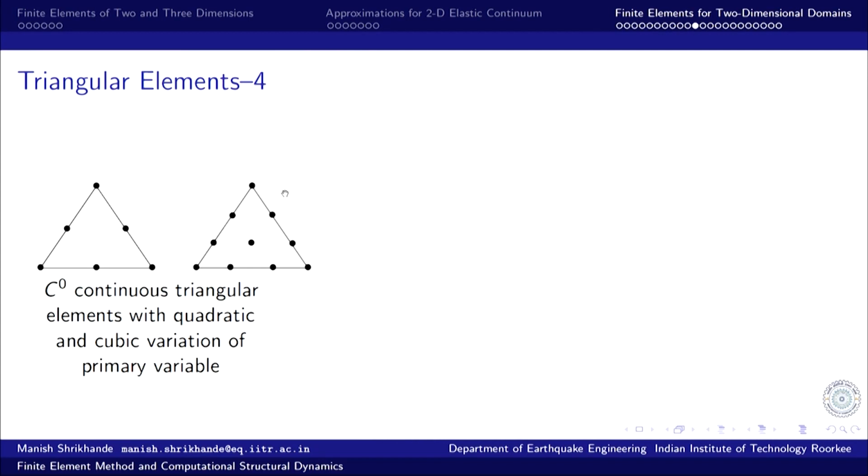Those 10 coefficients can be uniquely mapped to the nodal variables by having a 10 node element, and out of those 10 nodes, 9 are on the sides of the element and 1 is in the interior of the element domain. That is what the geometry defines for this triangular family.